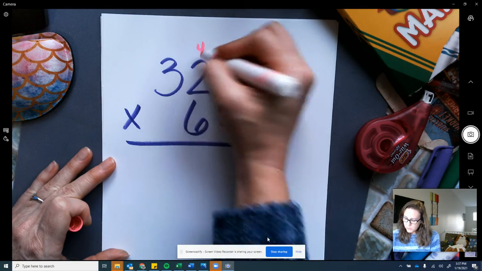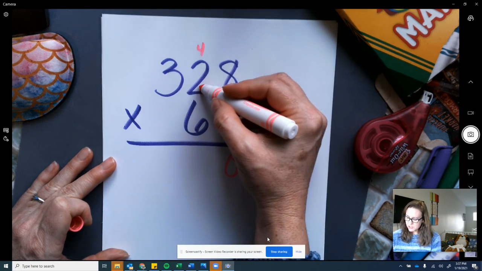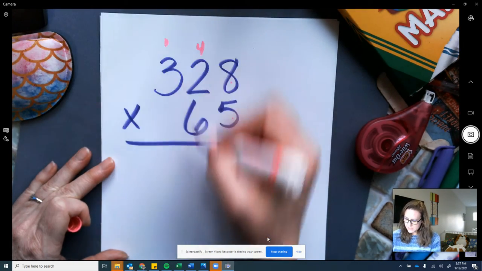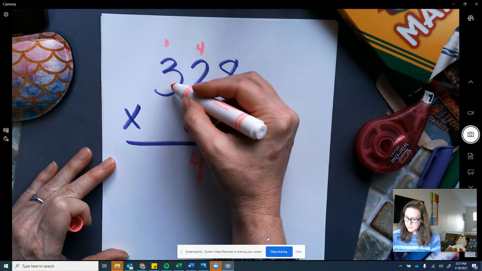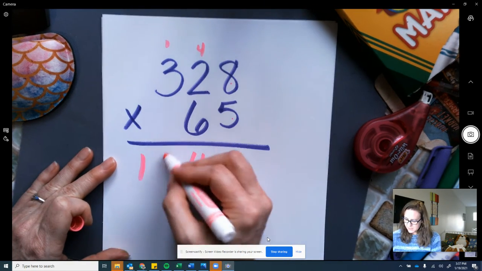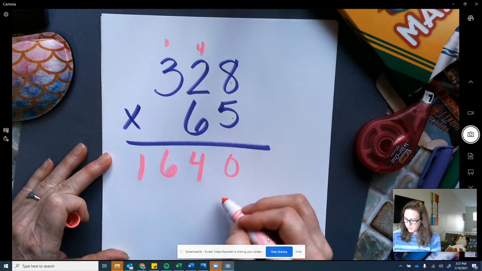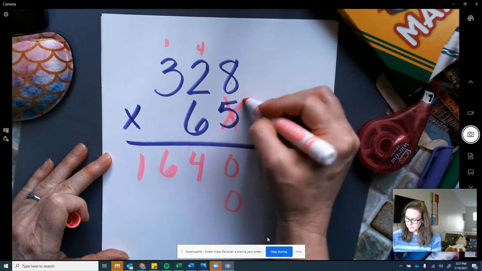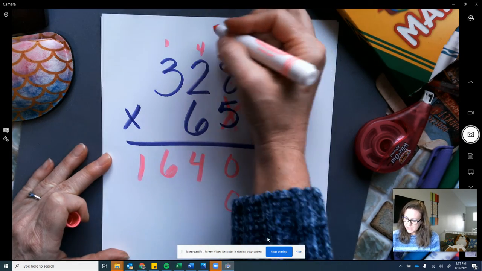5 times 8 is 40. 5 times 2 is 10, plus the 4 is 14. 5 times 3 is 15, plus 1 more is 16. Okay, I'm going to put a placeholder in. I'm done with the 5. 6 times 8 is 48.